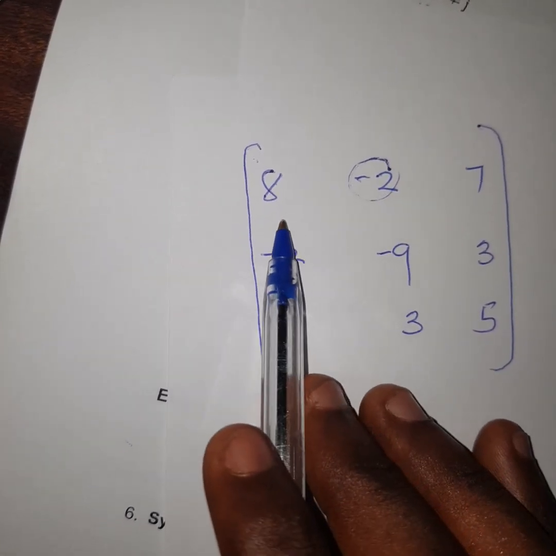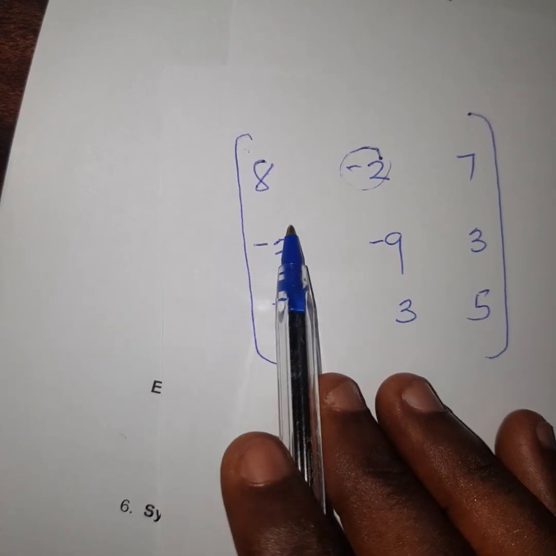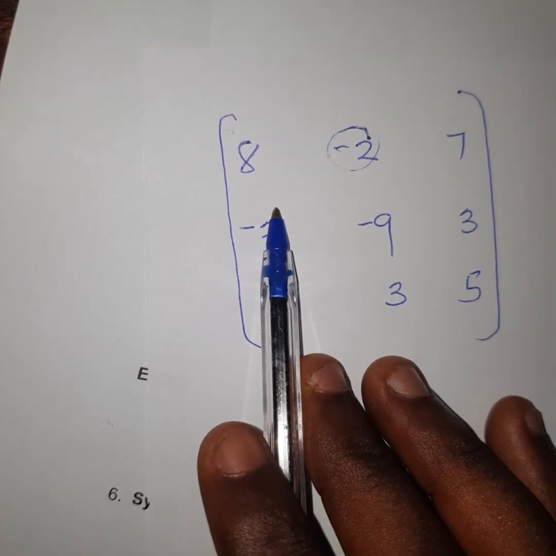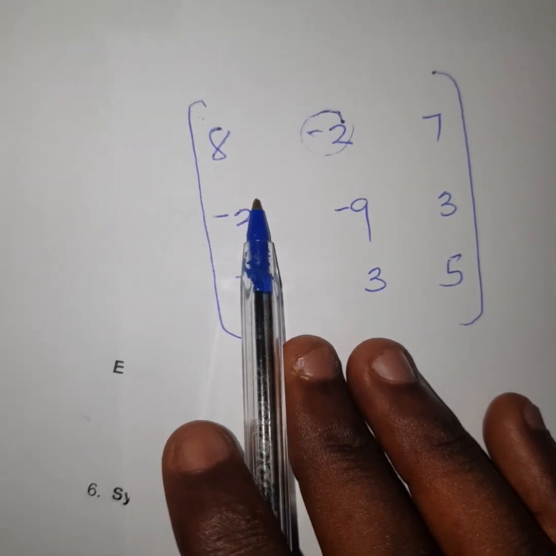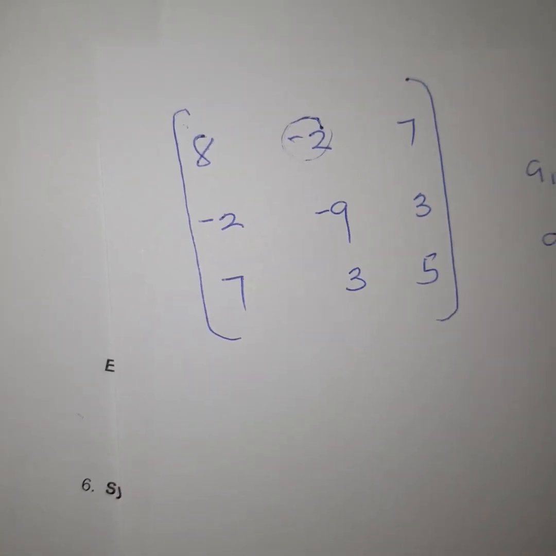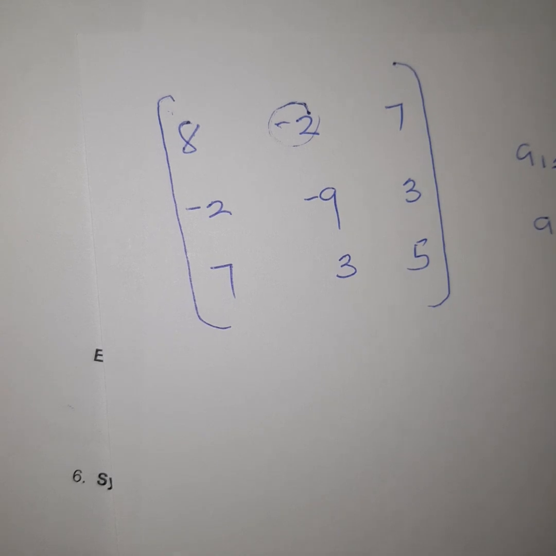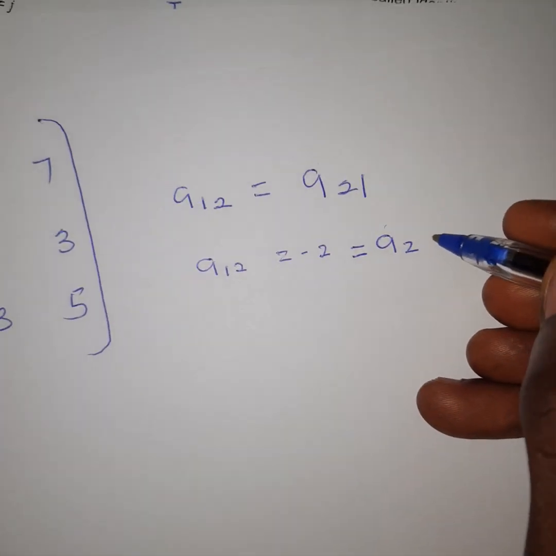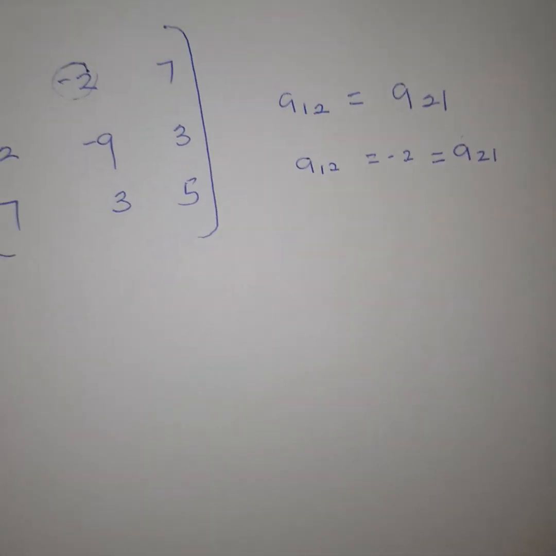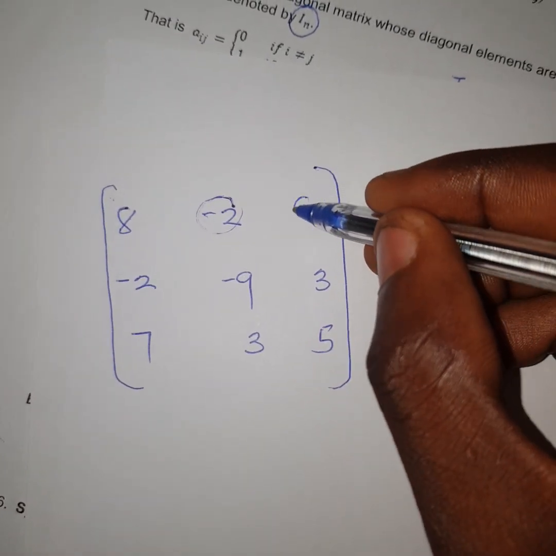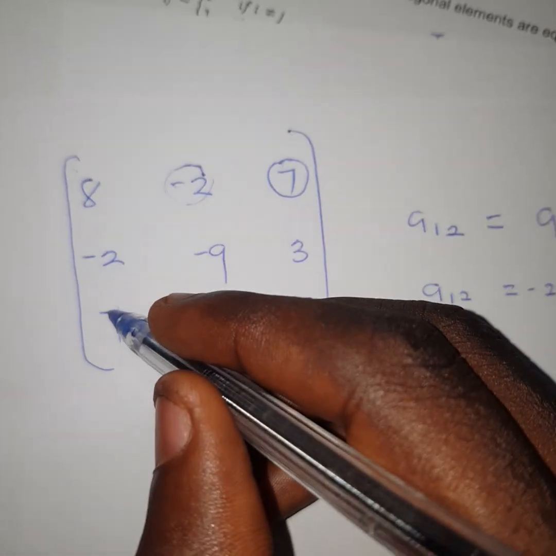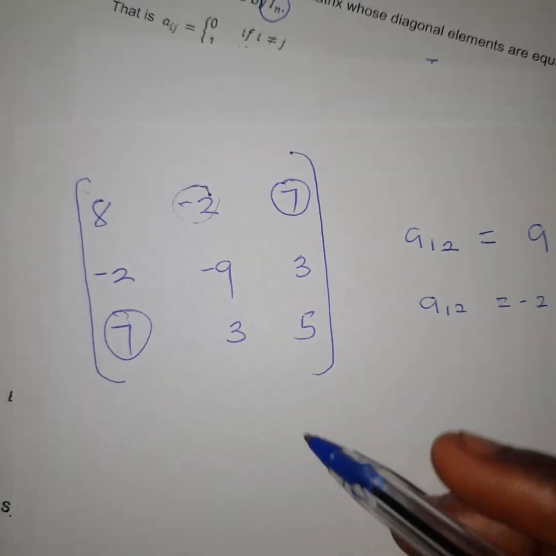A21 is this: second column, first row, which is also equal to -2. So A13, which is 7, will be equal to A31, which is this.